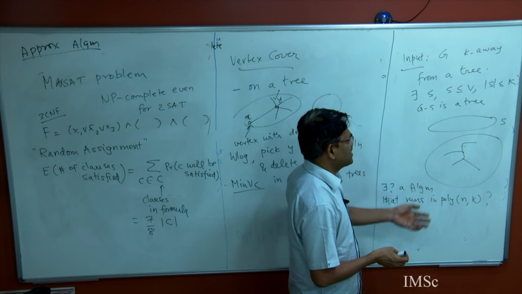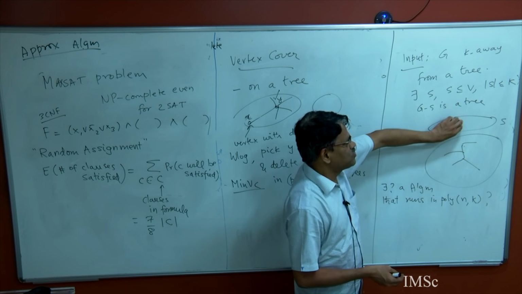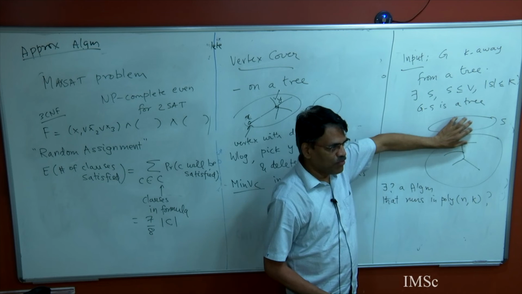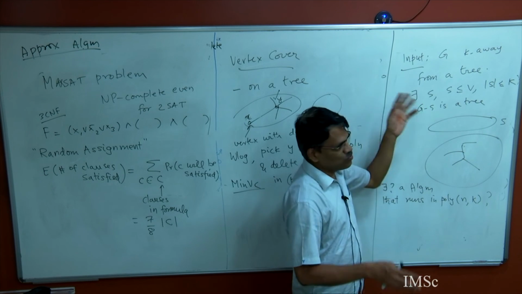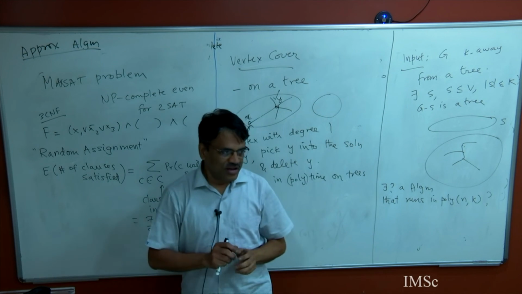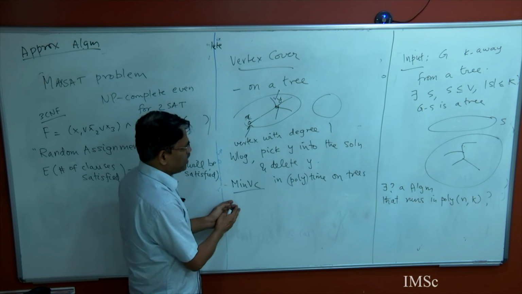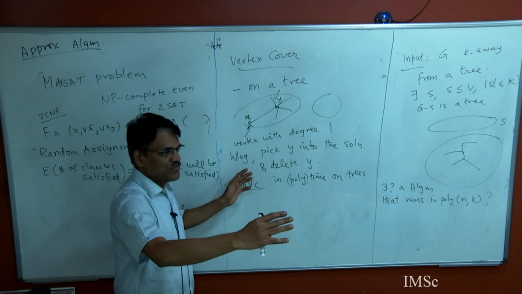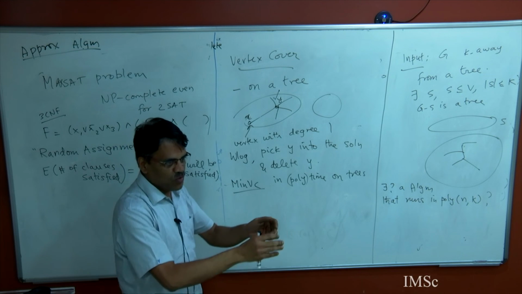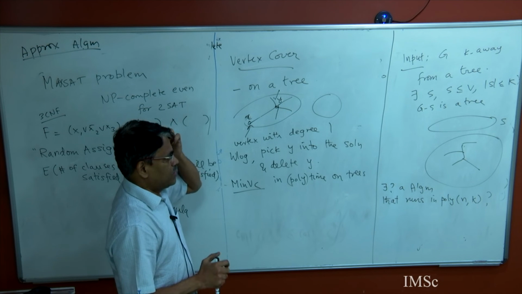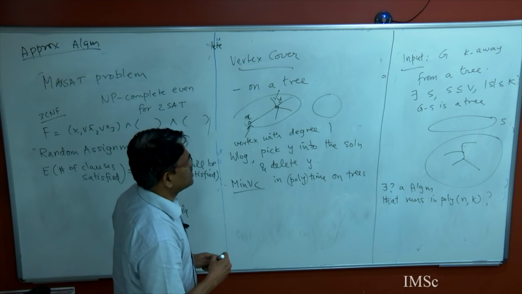So what I'm now saying is, can you be exponential in this k and polynomial in the rest of the thing, because k is small, it's not very far from a tree. So there must be some gradation in the running time, right? For trees it's poly time, but as k increases, maybe time increases, but if k is small, I have a reasonable algorithm. So that's what parameterized complexity is about, right?